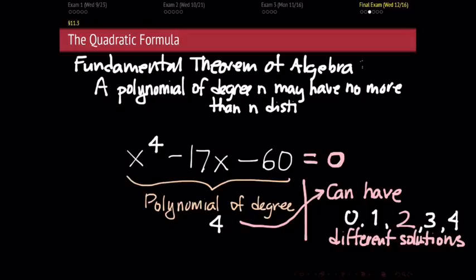And when I say the word root, because that's a meaningful math word, roots are just places where that polynomial is equal to 0. Right, so that's another place where we want the equals 0 part to be in the discussion. But the fundamental theorem of algebra says that the degree of a polynomial limits the number of different solutions to its equation equals 0 that it can have. So if my polynomial has degree 4, I could have as many as 4 different solutions, but I can't have 5. Right? I can't have 10, but I could have anything 4 or less.